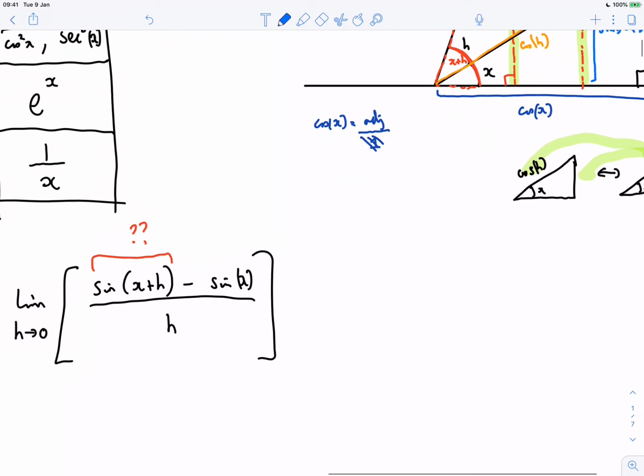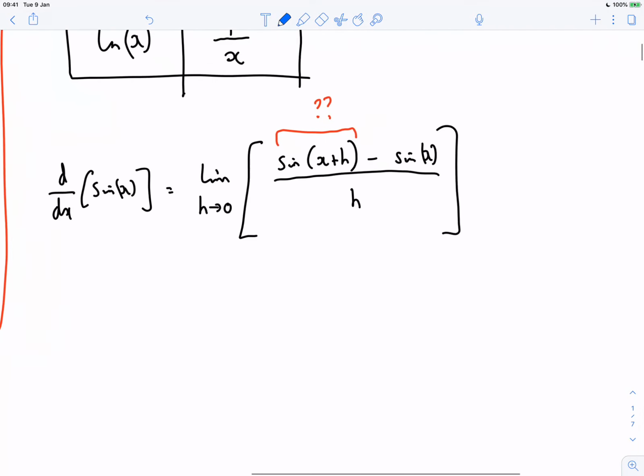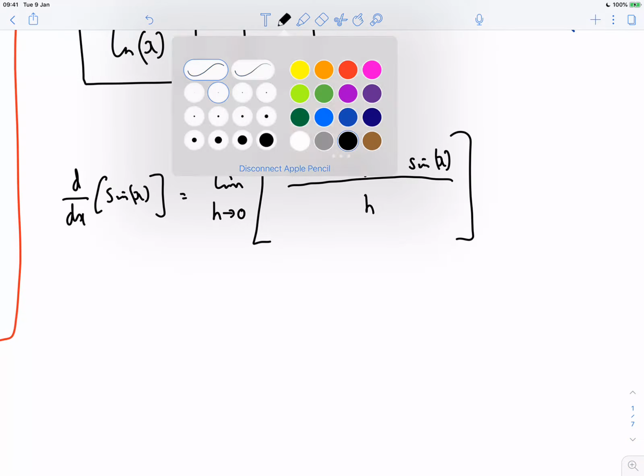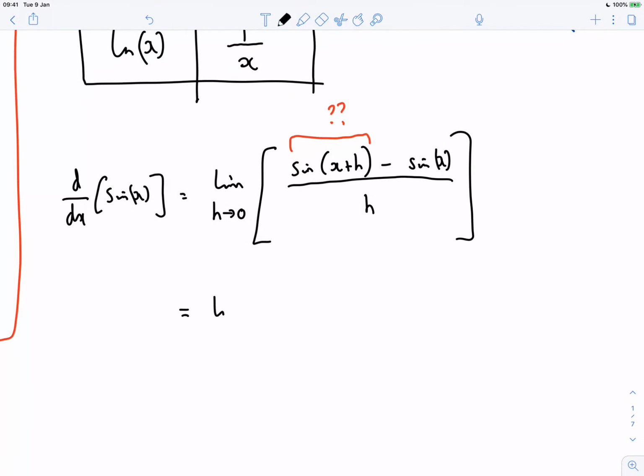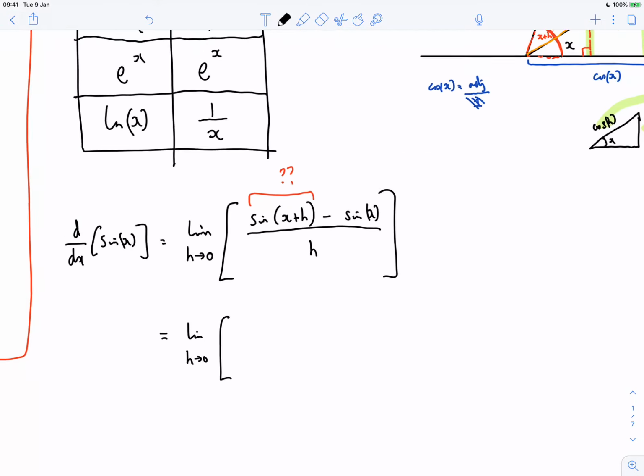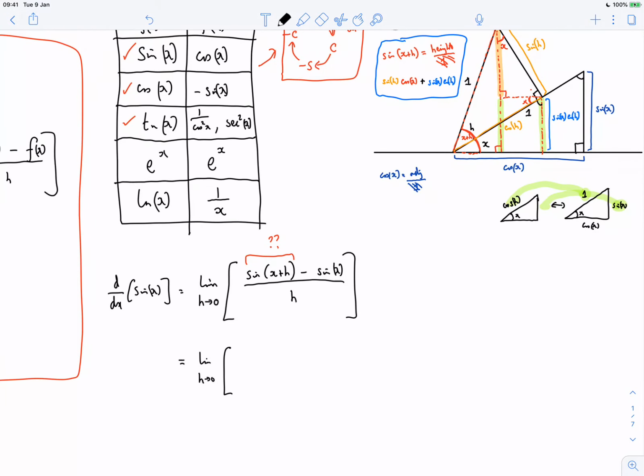So now I'm free to evaluate this. So this is going to be the limit as h tends to 0 of, and what was it again? It was sine of h times cosine of x plus sine of x times cosine of h minus the sine of x, and this was all divided by h.